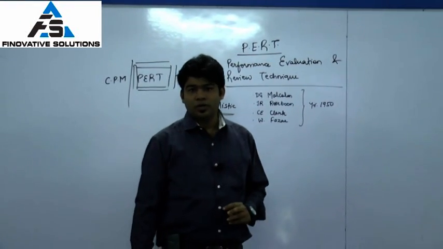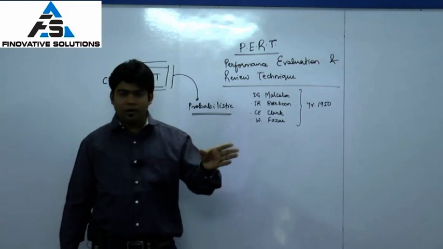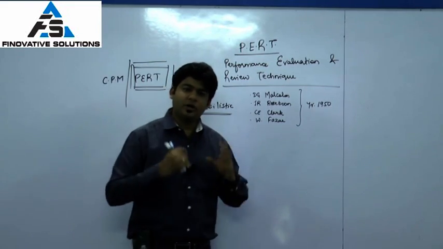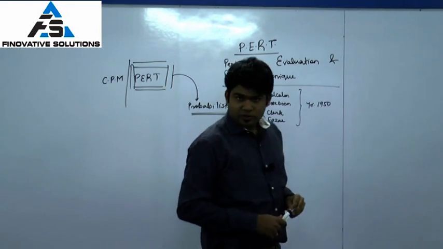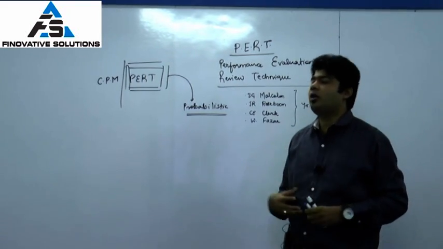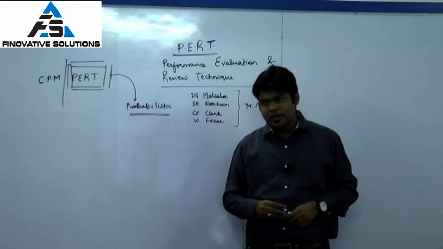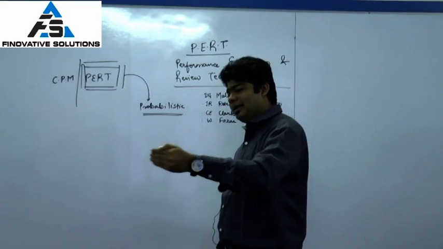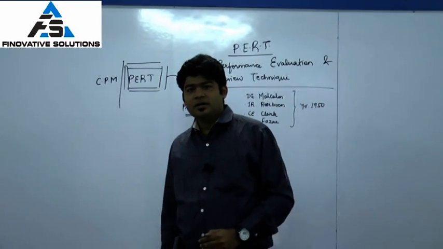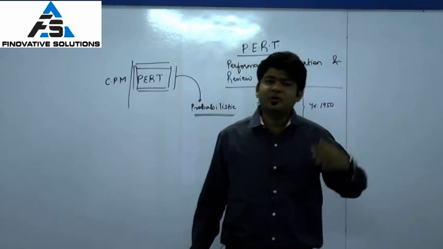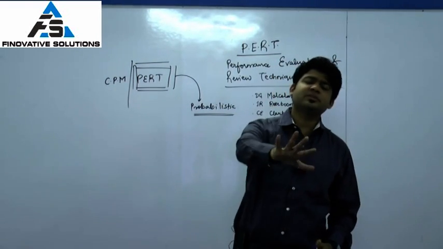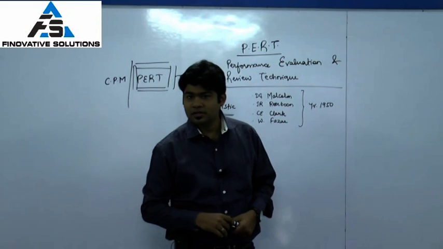The answer is no. You will make a probability. Let's take an example of a subject, law. So I will take it as a probability that law as a subject will be completed minimum in 5 days, maximum in 12 days, and approximately in 8 days.